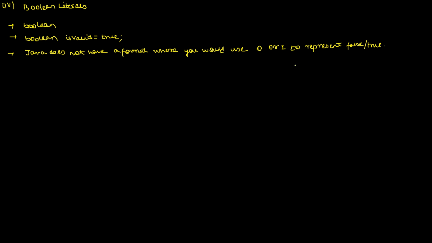Many other languages like Python have this kind of feature. So, if some Python users are watching this, just note that you cannot use zeros or ones, at least at a source code level, to represent false and true.